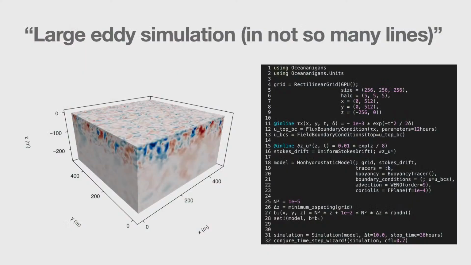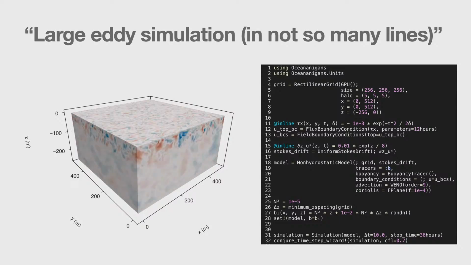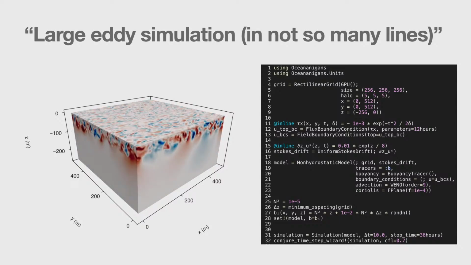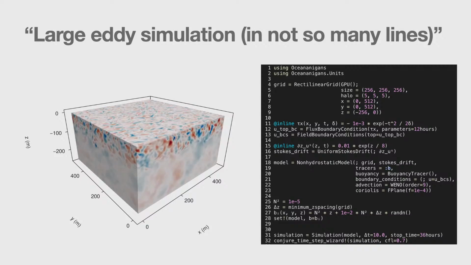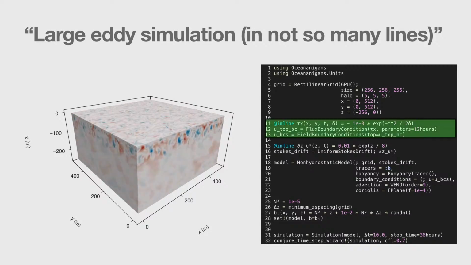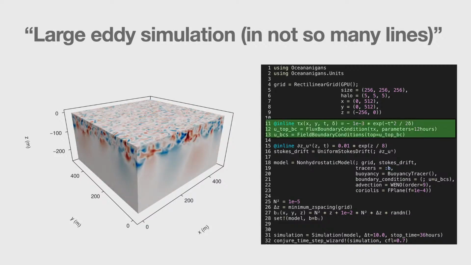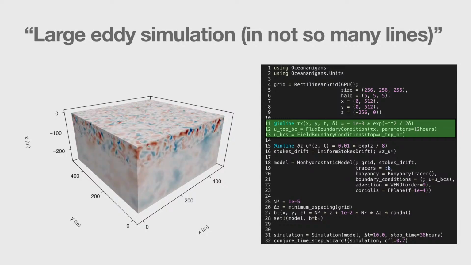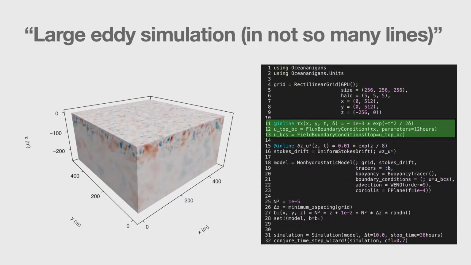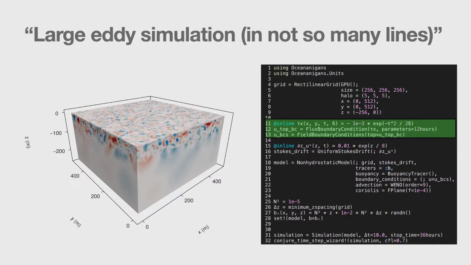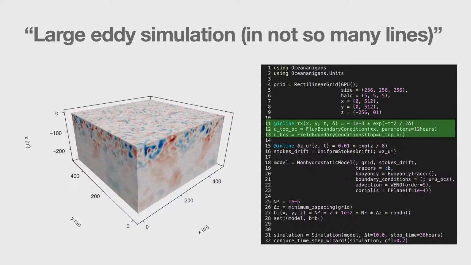We still have a simulation that is built on top of a model. And we have a grid that in this case is on a GPU because it's a tad bigger. It has 256 cells in each direction. And we just have to add some physics. In this case, we add some boundary conditions because we need a wind stress pushing at the top, at the surface. In Oceananigans, we can build boundary conditions as abstract arrays or functions.